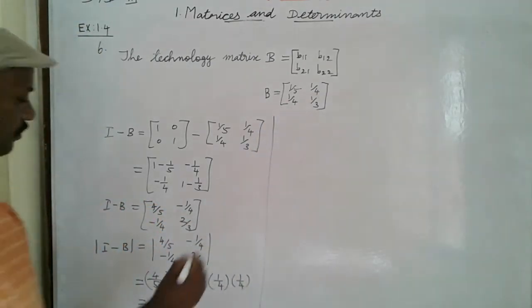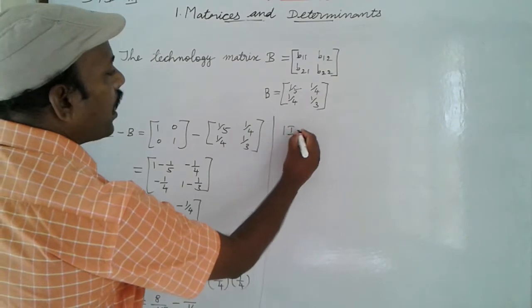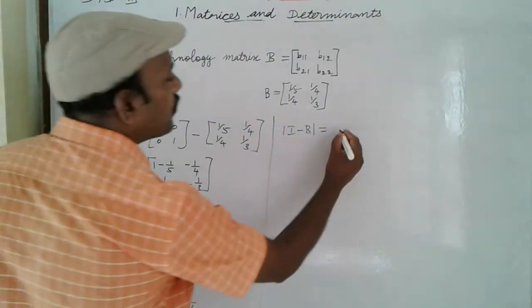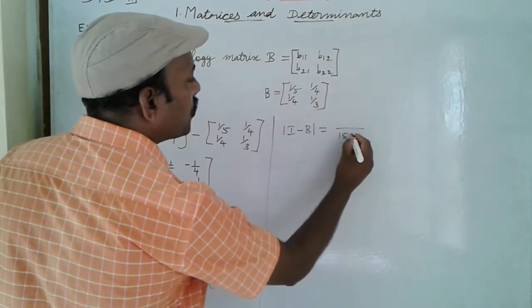Now take the LCM. Determinant of I minus B equal to, LCM is 15 into 16.